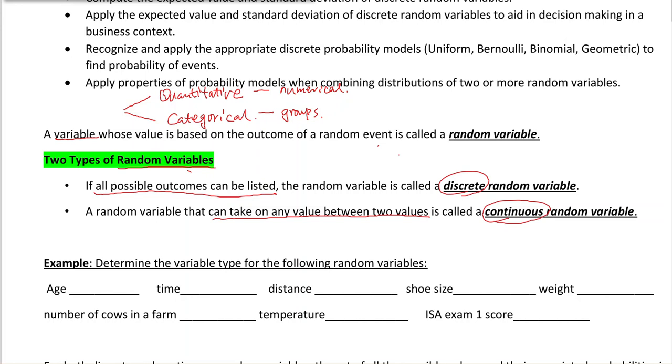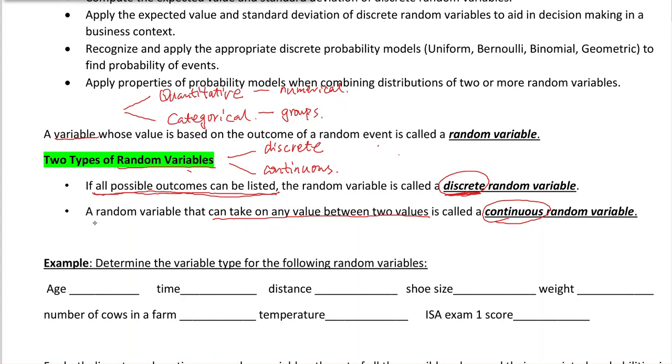So the variables can also be divided into two types, either discrete or continuous, depending on whether you can list all possible outcomes.